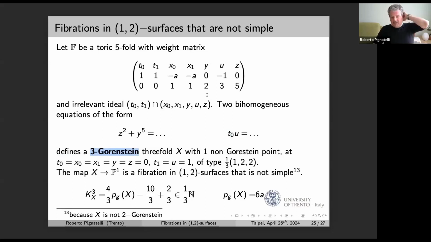So you get a threefold which has volume and PG growing with this A. And the volume is in fact not an integer because this is 3-Gorenstein. So this variety has no simple fibration in 1-2 surfaces, because if it had another map which was a simple fibration in 1-2 surfaces, it would be 2-Gorenstein. This is not.